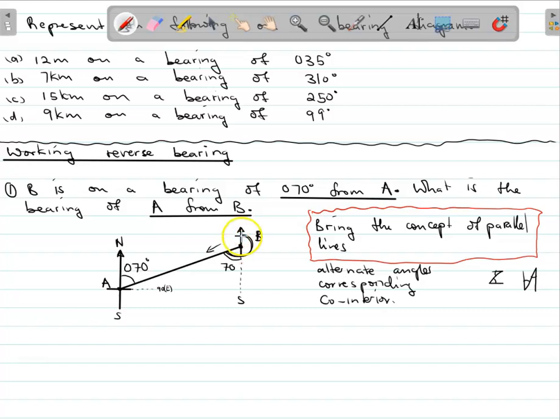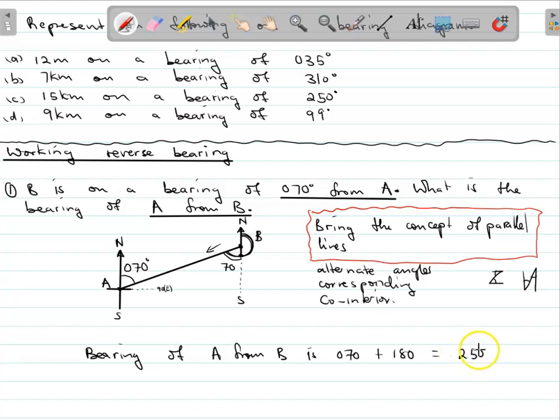And now we want the whole angle like this. We know that from the north of B up to the south of B is 180. So the bearing is 180 plus 70. So the bearing of A from B is 70 plus 180, which is 250.